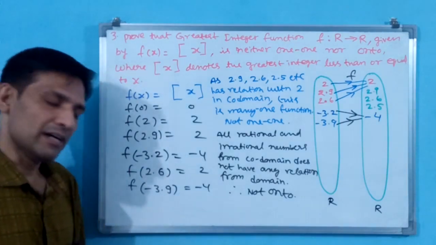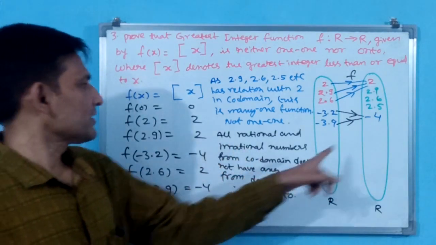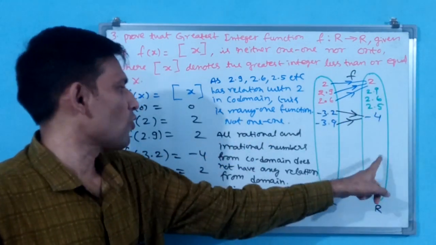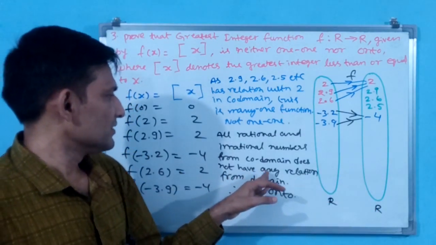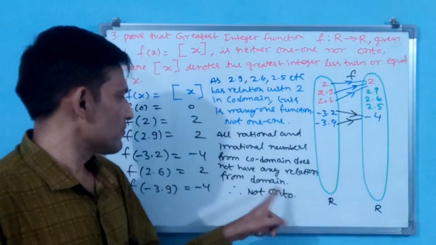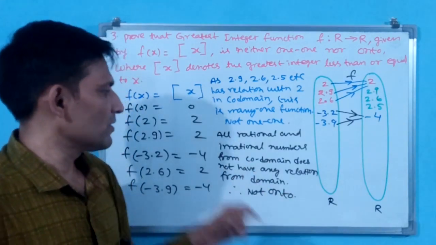You understand now? This you write. That's all. All rational and irrational numbers from codomain does not have any relation from domain, therefore not onto.